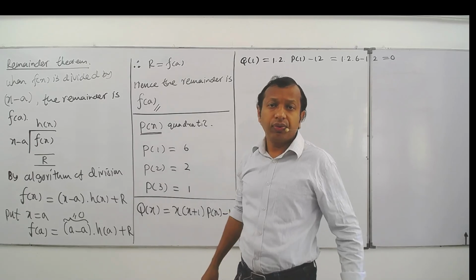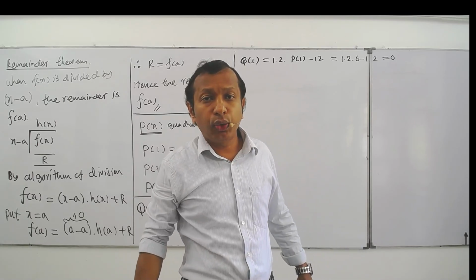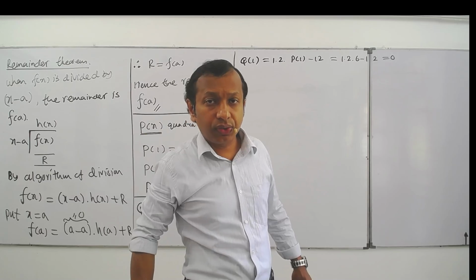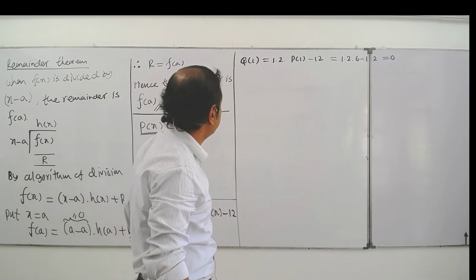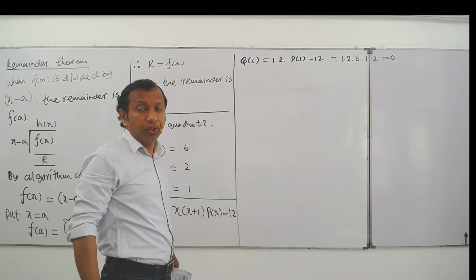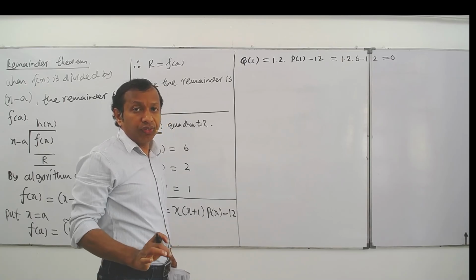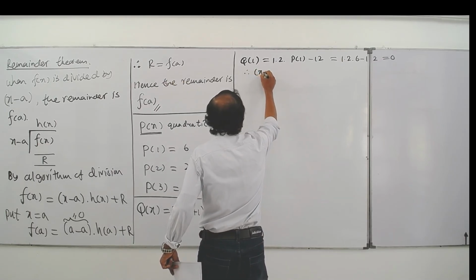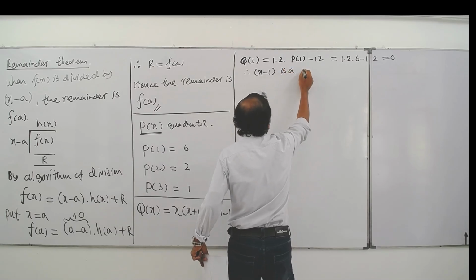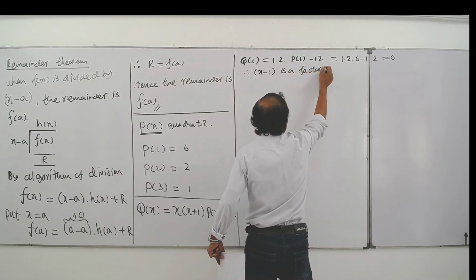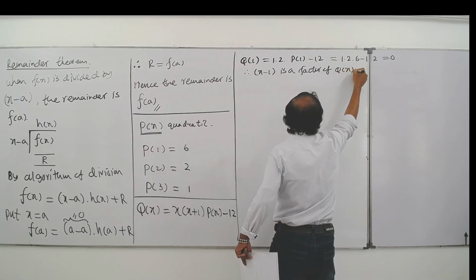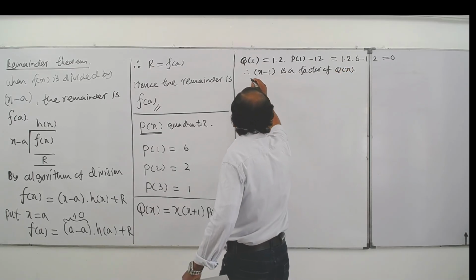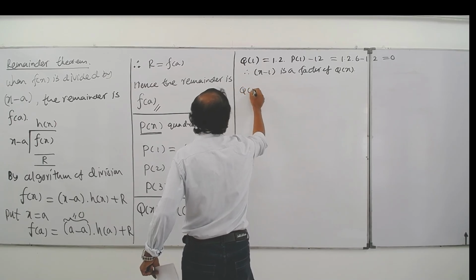Q(1) is 0, which means no remainder when q(x) is divided by x minus 1. So, x minus 1 should be a factor of q(x) according to the factor theorem. Therefore, x minus 1 is a factor of q(x).